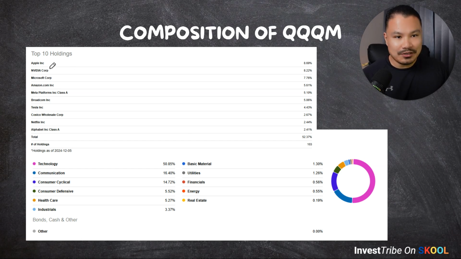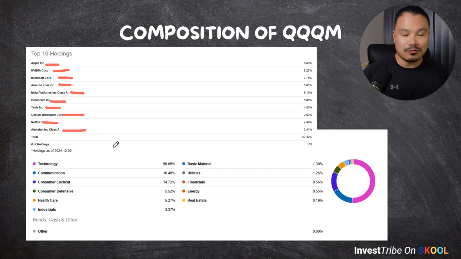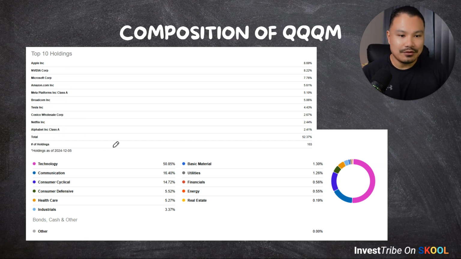We can see the top 10 holdings: Apple, Nvidia, Microsoft, Amazon, Meta, Broadcom, Tesla, Costco, Netflix, and Alphabet. So we know that this is a tech-heavy ETF, because QQQ is also tech-heavy, and the NASDAQ 100 is primarily tech stocks. So we see this pretty good composition.